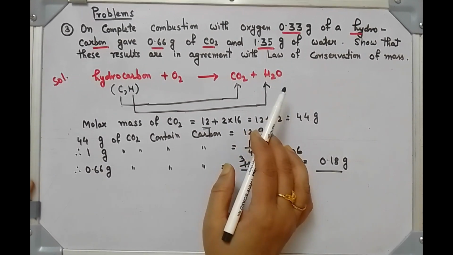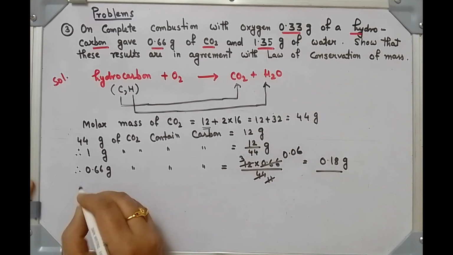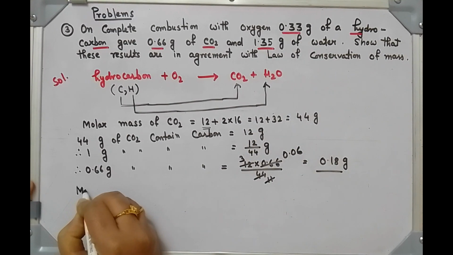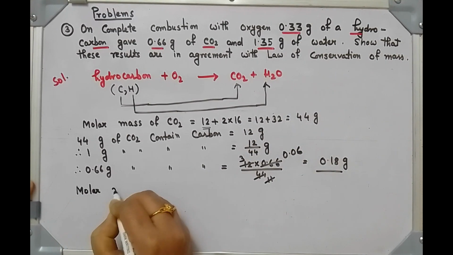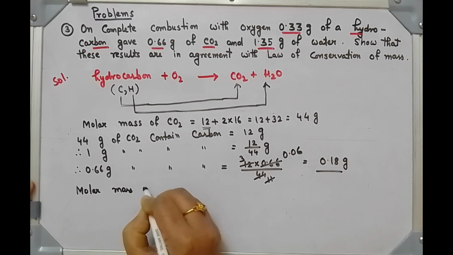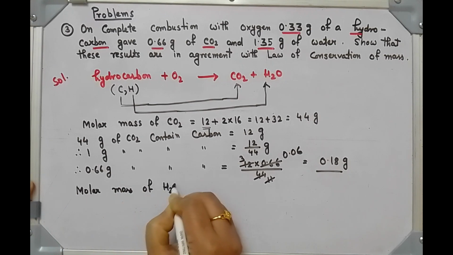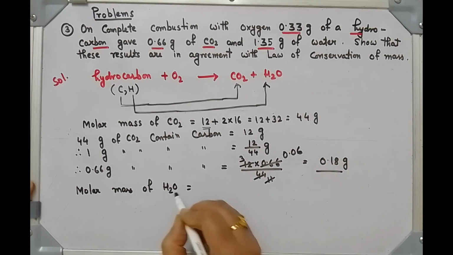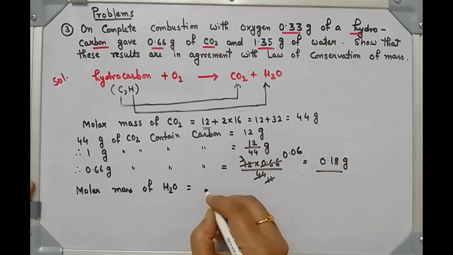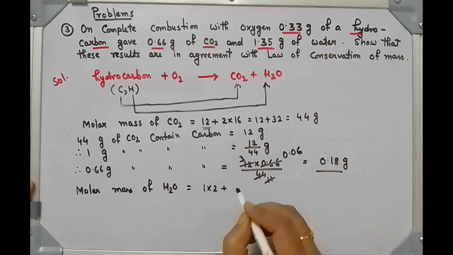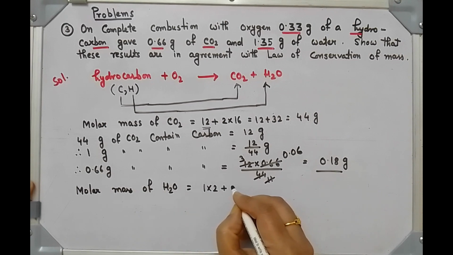Now we have to find out molar mass of water. Atomic mass of each hydrogen atom is 1. So 2 hydrogen atoms are there, plus for oxygen it is 16.